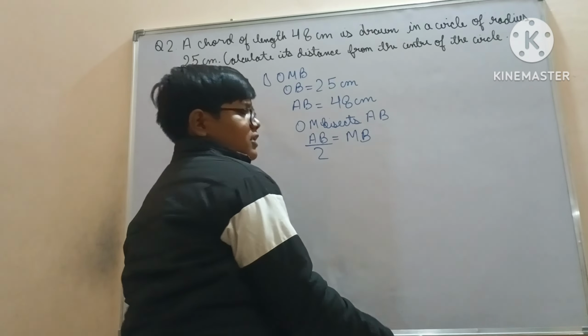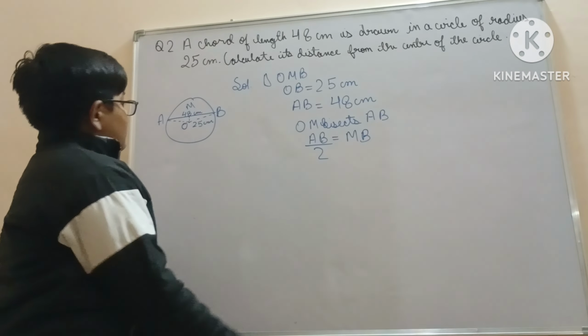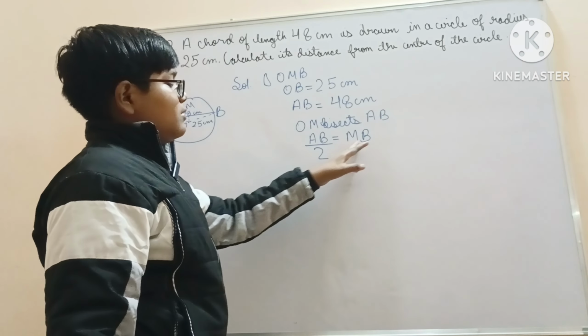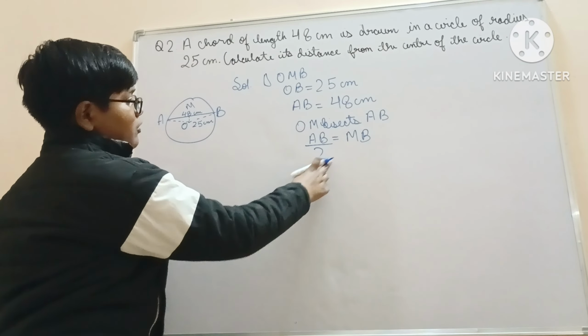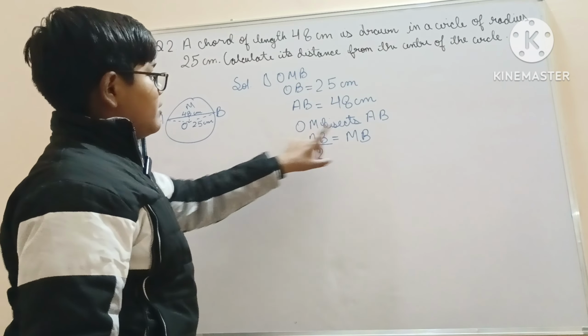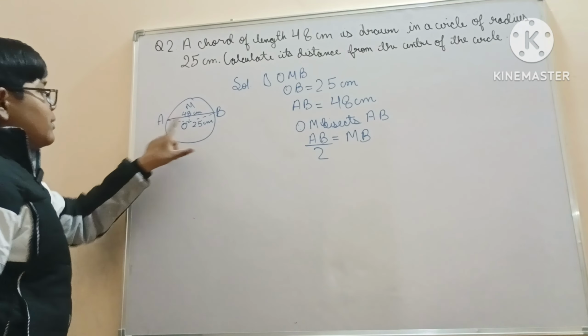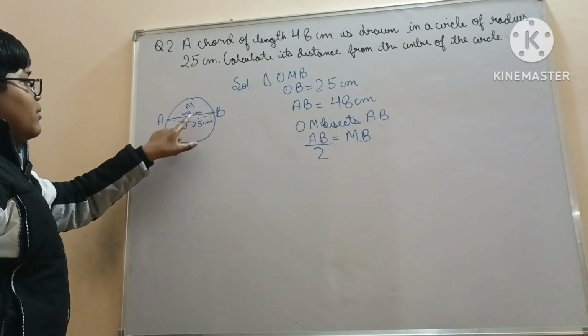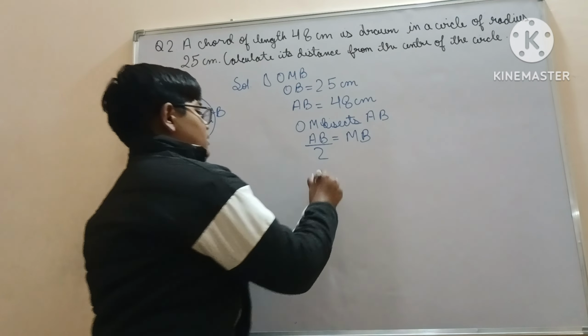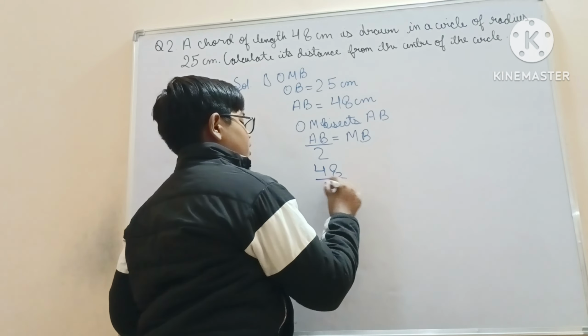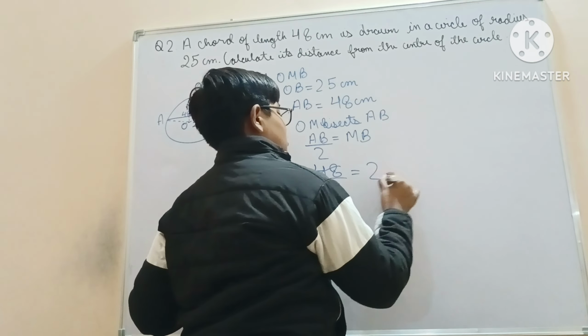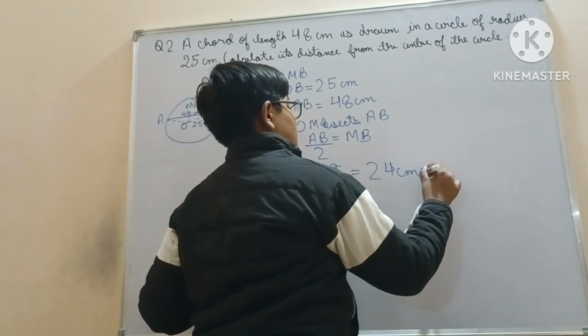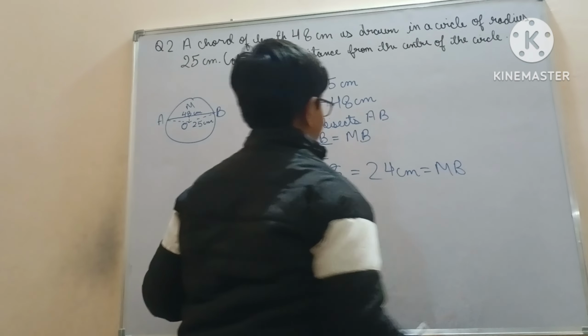Both conditions will be true. So AB divided by 2 is equal to MB because OM bisects AB. This AB is 48 centimeter. So MB will be half of 48, which is 24, the length of MB.